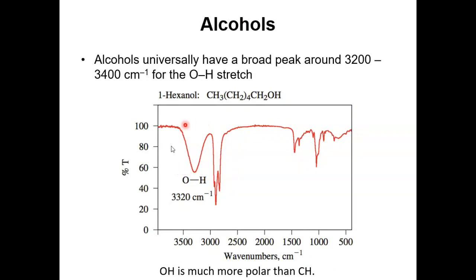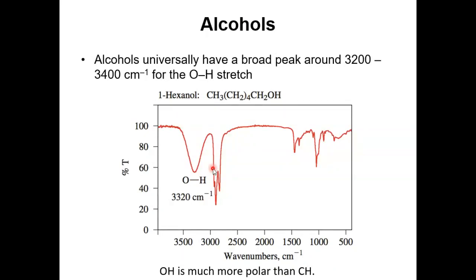Those peaks can be attributed to the sp3 CH stretching vibration, and this single intense and broad peak comes from the OH group stretching vibration. If you look at the peak area, you can probably see this peak area is actually larger than this. One OH bond has a bigger peak than 13 CH bonds.